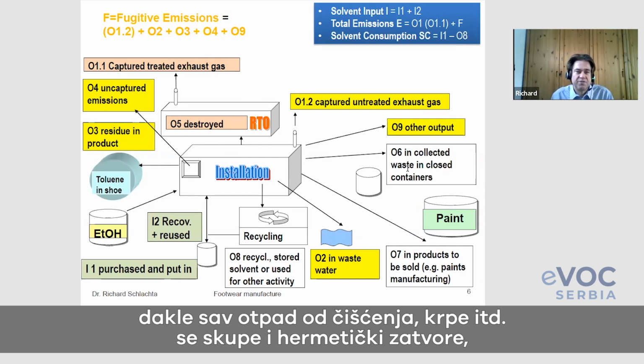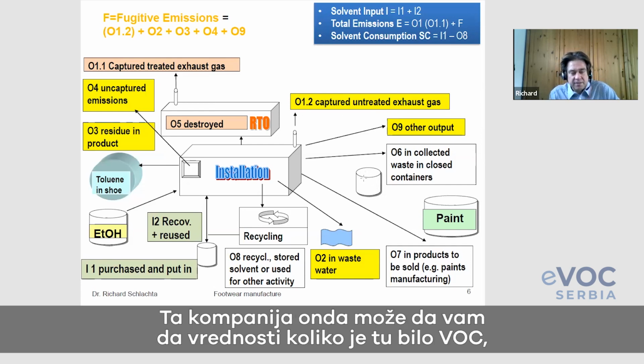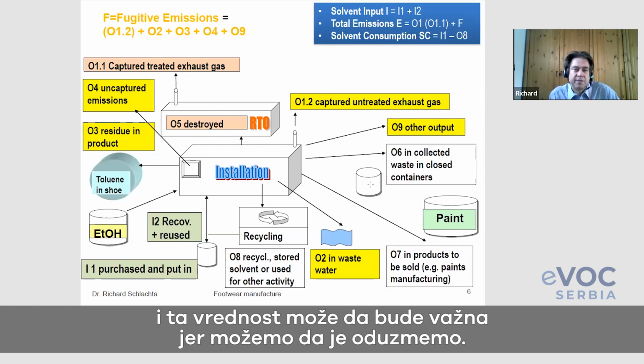All the VOC from cleaners and from cleaning racks and so on are collected and covered in a special waste box, and so it is waste. The VOC in that waste is discharged to a specialized waste company, because it's hazardous waste, and that company can give you the values of how much VOC is inside. That value is important, as you will see, because we can subtract it.